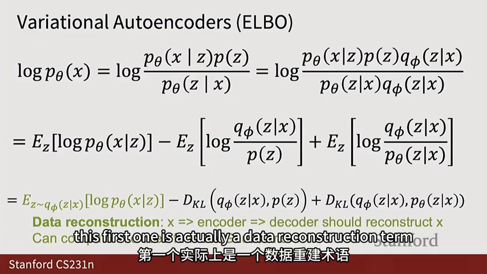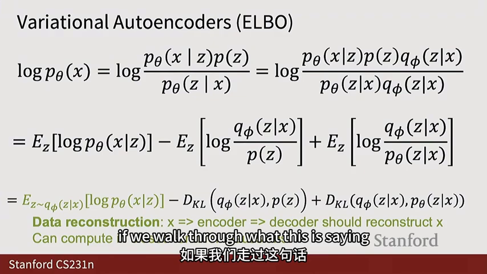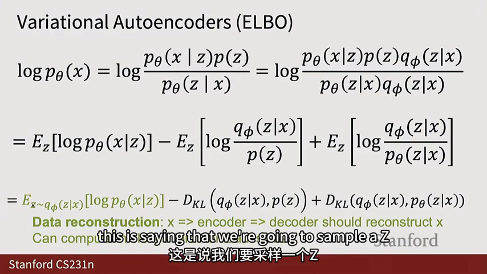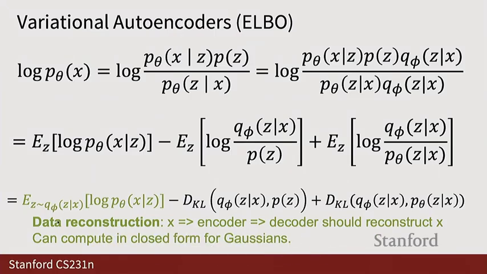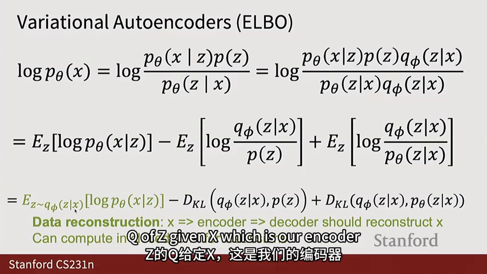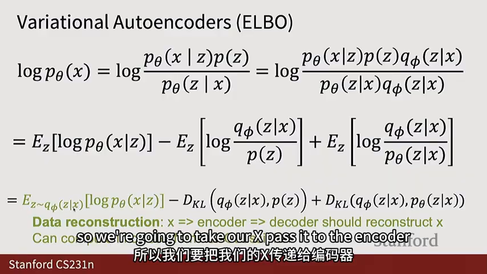This first one is actually a data reconstruction term. If we walk through what this is saying, we're going to sample a Z, and the way we're going to sample the Z is by Q of Z given X, which is our encoder. So we're going to take our X, pass it to the encoder.